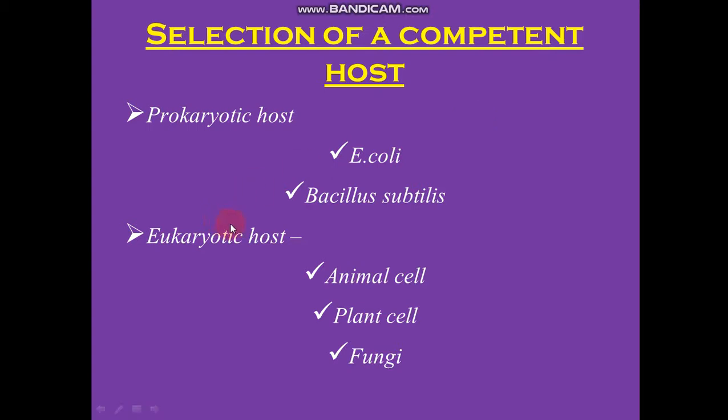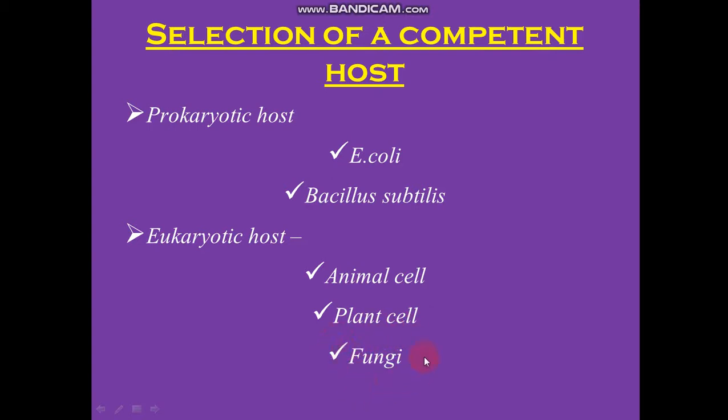Clear? Similarly, we have eukaryotic hosts also. These eukaryotic hosts can be any eukaryotic cell like an animal cell, a plant cell or a fungi cell. These can be easily used as a eukaryotic host, but the most preferred one is a fungi.